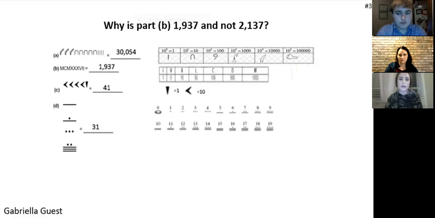But you also need to know that if you have the 2 letters after each other, CM, that equals 900 instead of just 1,000 plus 100. So it would just be 900. So that's how you can figure out why it's 1,937 instead of that number.